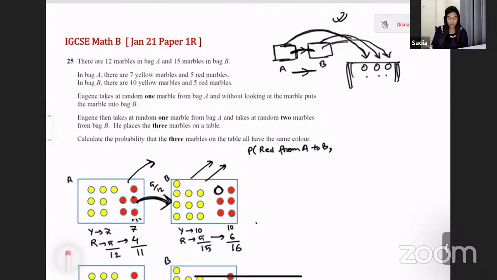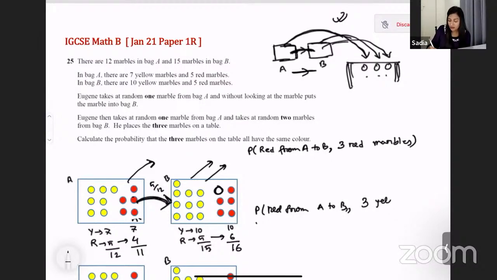We need to consider both the situations here. So I will be thinking about three red marbles first. And then we will repeat the same process, as in red from A to B, and then all three marbles yellow.